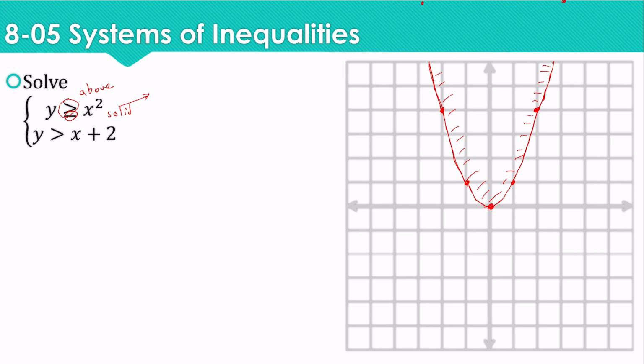The bottom one's a line, and we're starting at 2, and the slope is 1. So I go up 1 over 1. But it doesn't have the equal, so it is dotted. So let's draw this dotted line. And it is greater than, so we shade above.